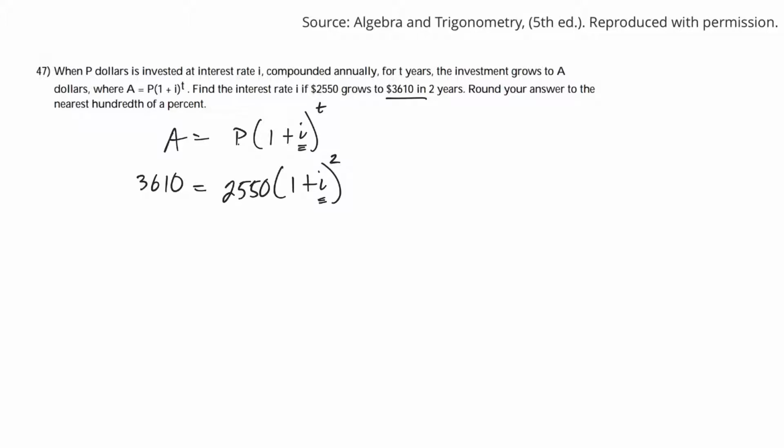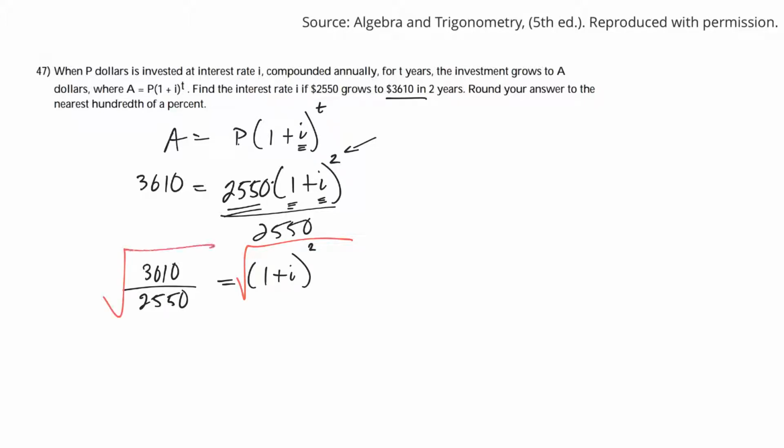So I need to get rid of this 2550, I need to get rid of the 2, and I need to get rid of the 1. In order, I'd probably do this one first. So divide both sides by 2550. So 3610 divided by 2550 is equal to 1 plus I squared. To get rid of the squared, let's square root that.